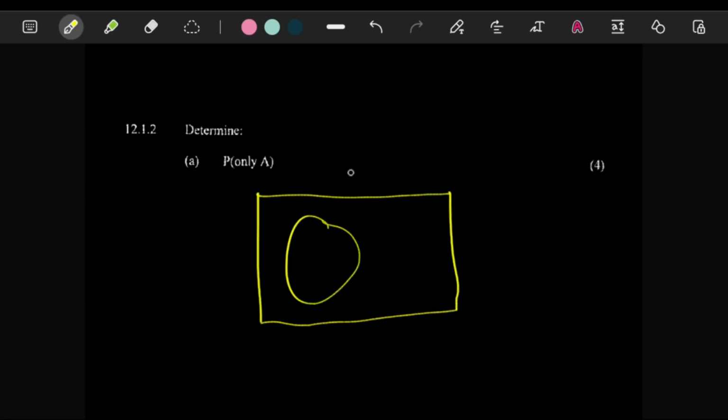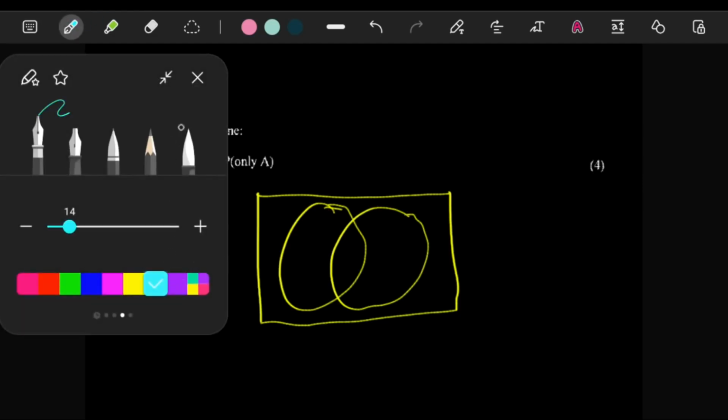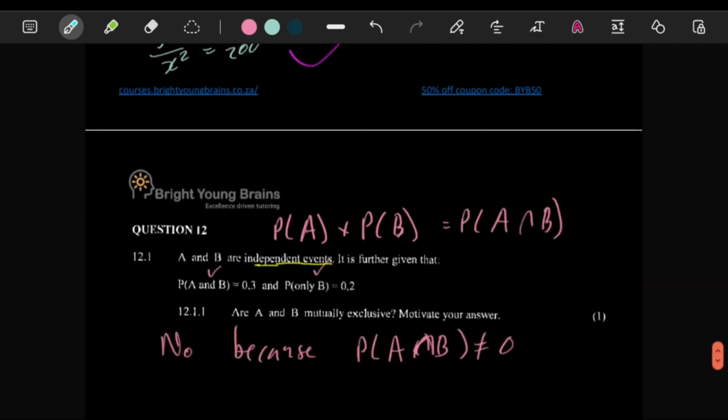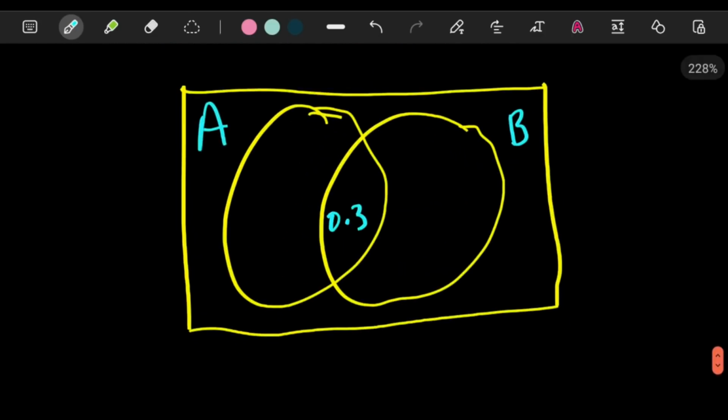If you think of this Venn diagram, you have the probability of A on one side and the probability of B on the other side. They say the probability of A and B is like 0.2. So, I mean 0.3. This is 0.3 in the middle.